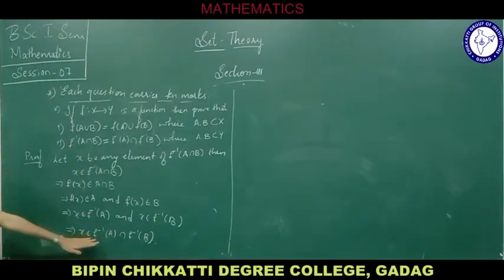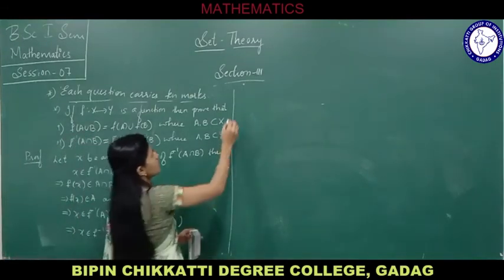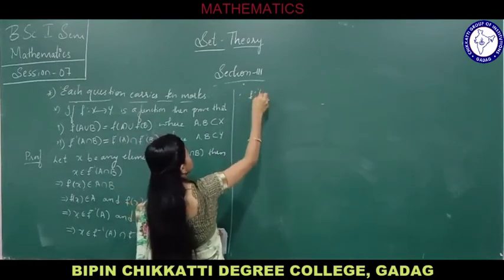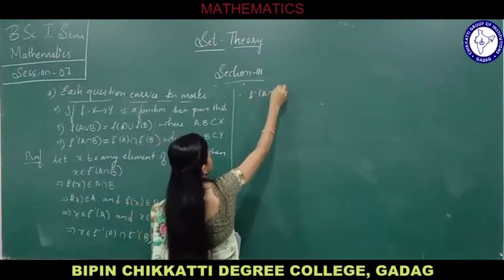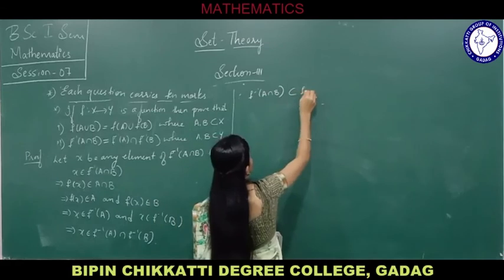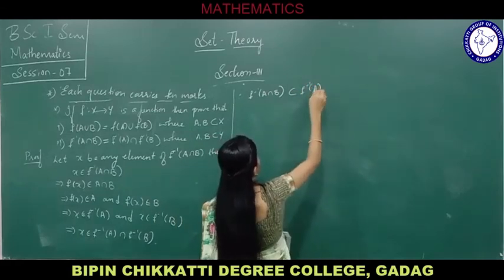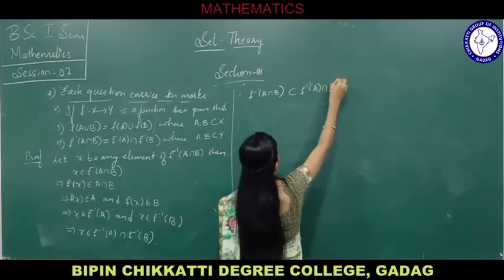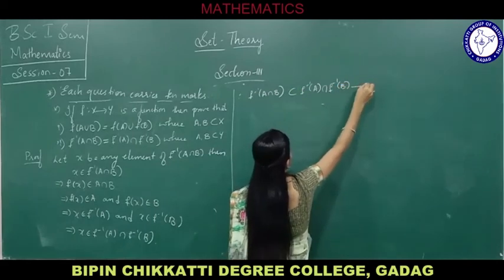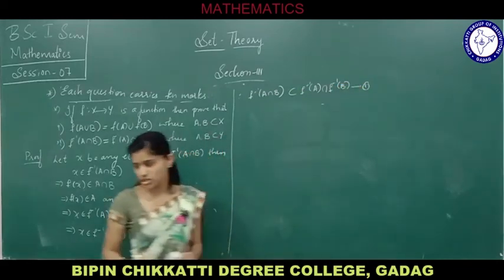Therefore, f inverse of (A intersection B) is a subset of f inverse of A intersection f inverse of B. Consider this as equation 1.